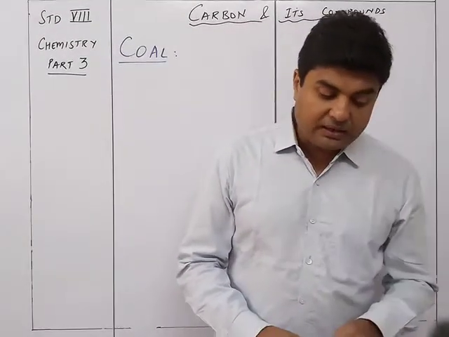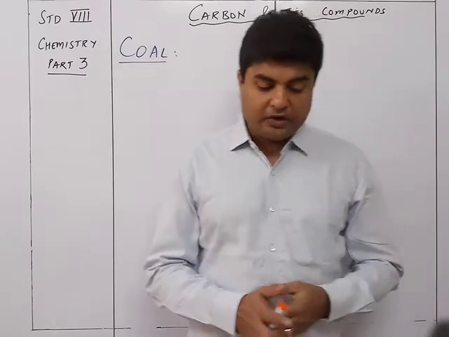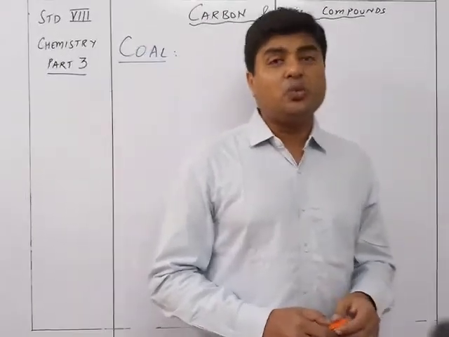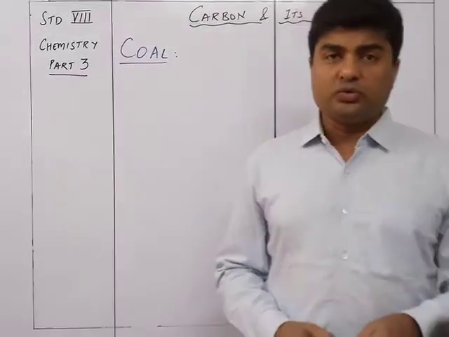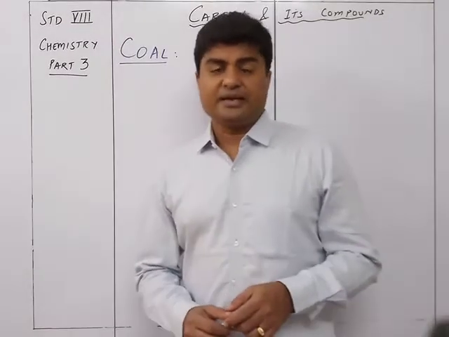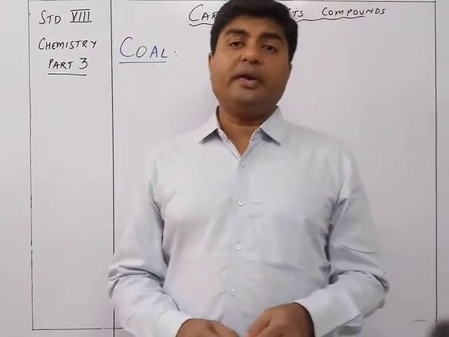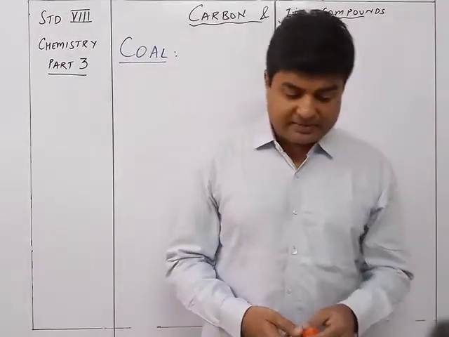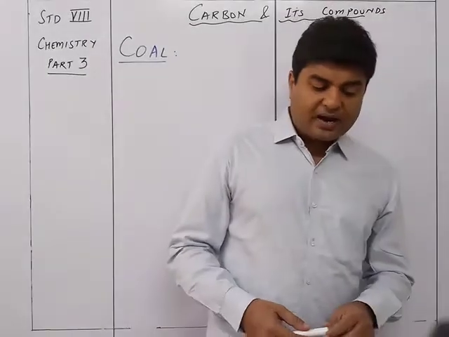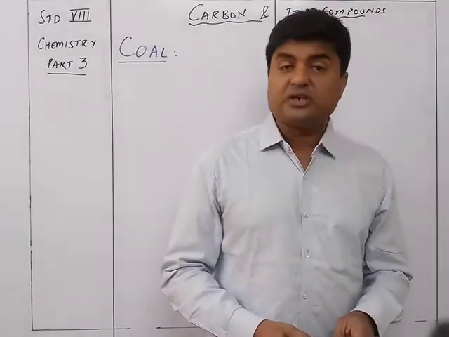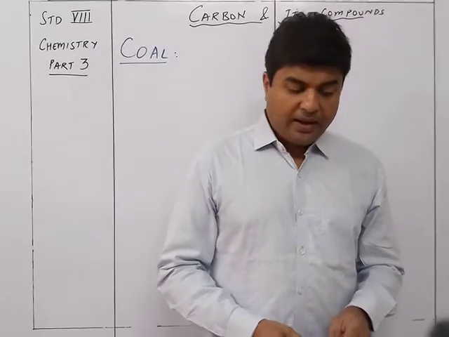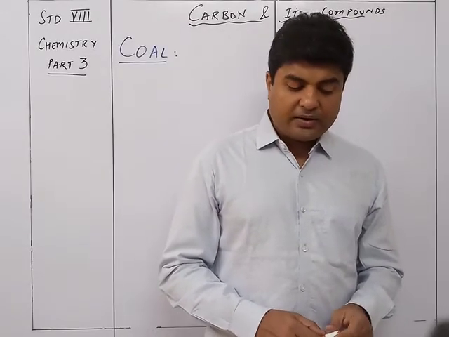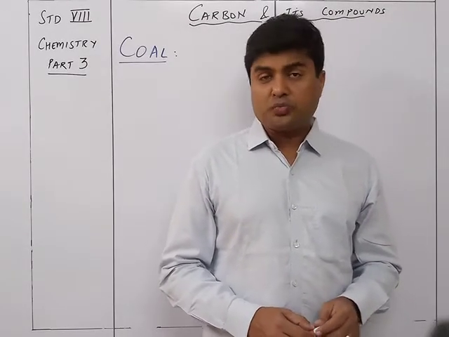We know that two kinds of coal, bituminous coal and anthracite, are the ones normally used on a large scale in industries because they have a very good heat giving capacity. Bituminous coal is a hard variety of coal which burns with a smoky flame, whereas anthracite is a superior quality of coal which burns with a non-smoky flame.